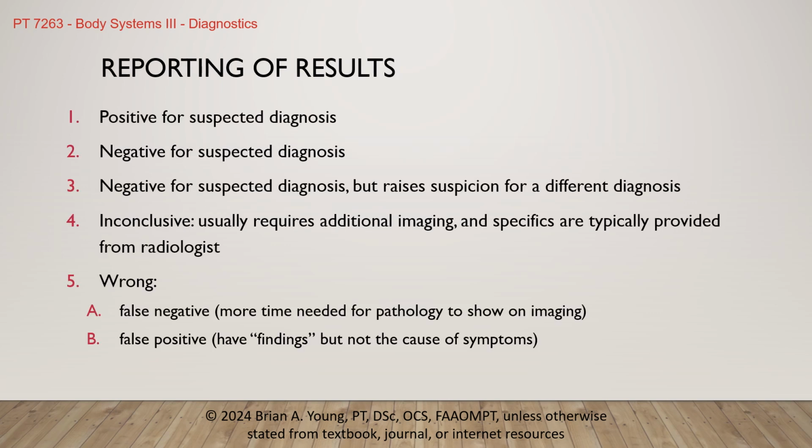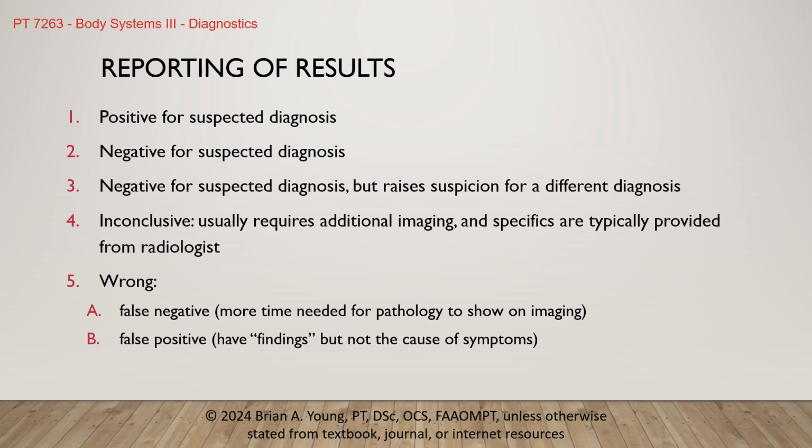When results get reported, there are a few different ways that they can come out. One, it could be positive for that suspected diagnosis, so our hypothesis was supported. Number two, nope, we don't find it here: a negative exam for imaging, so we don't have our suspected diagnosis.